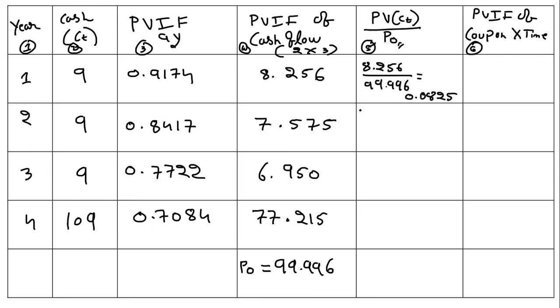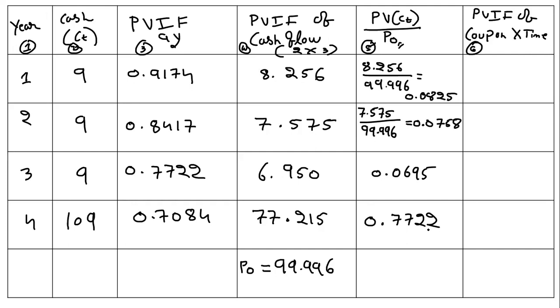We'll do the same thing with 7.575 divided by 99.996, and we get 0.0758. The same thing we'll do for the 3rd and 4th. We get the value 0.0695. And for column number 4, we get 0.7722.